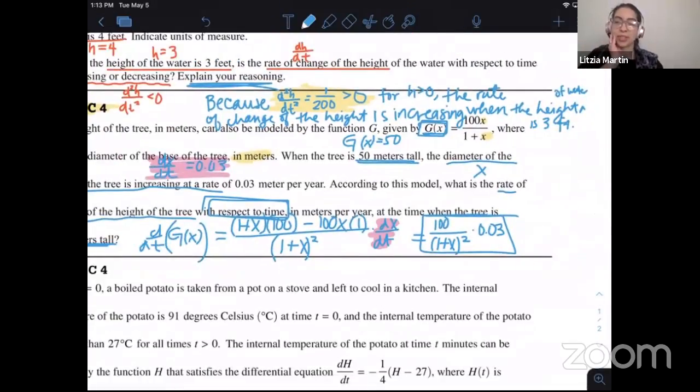Okay, so we have this function here. Remember, g of x is representing the height. So g of x is equal to 50, but our function here for the rate of change is in terms of x.